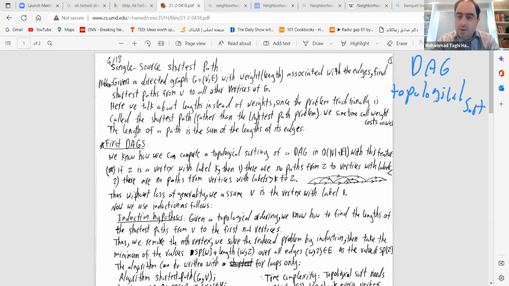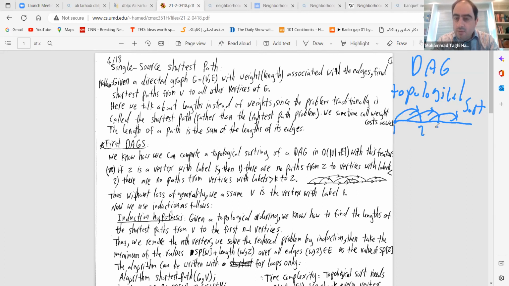So topological sort was that if you have a DAG, you want to find an ordering of the vertices such that all of the edges are from left to right.